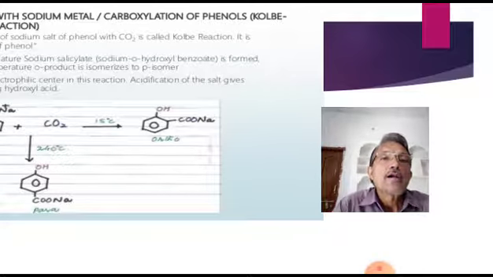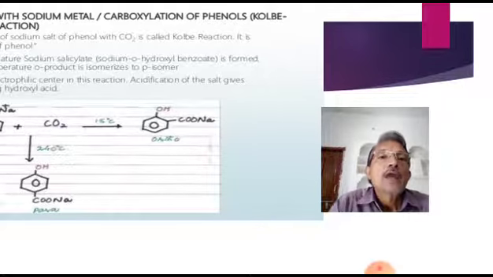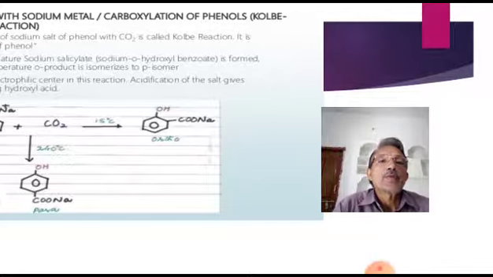Sodium salt of phenol on treating with CO2 is called Kolbe reaction. It is a carboxylation of phenol. Sodium salicylate, or sodium orthohydroxybenzoate, is formed in this reaction. Ortho product is isomerized to a para product.